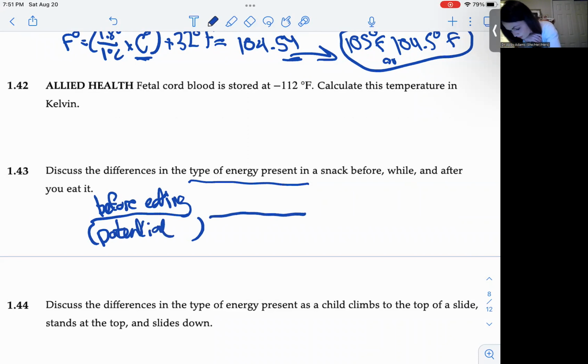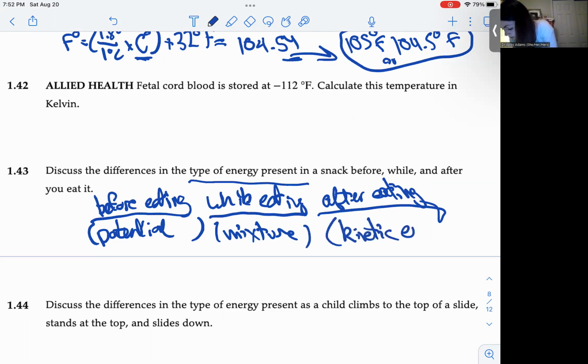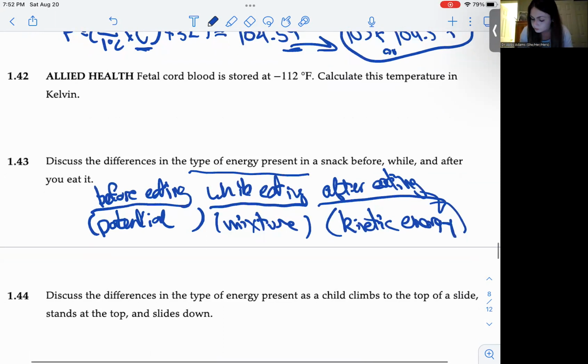And then while eating, you're chewing and some of it's being swallowed and broken down. This is going to be a mixture, right? And after eating, you're ready to use those nutrients, that energy that you got, and that is now kinetic energy. All right, that's energy in motion.